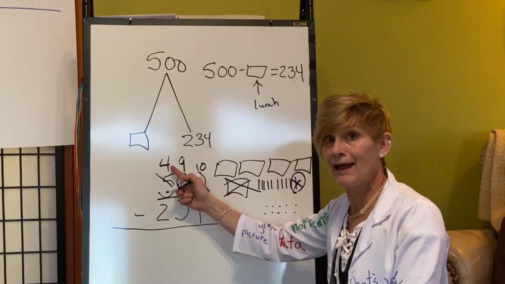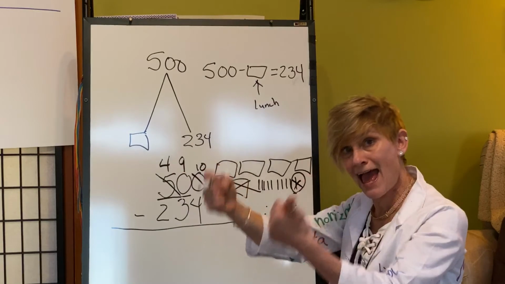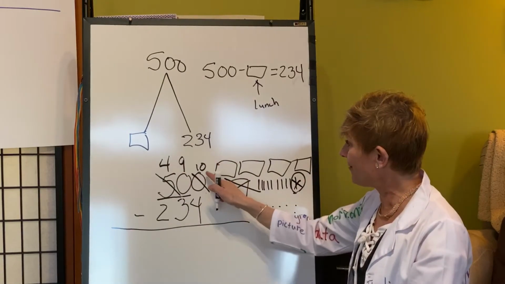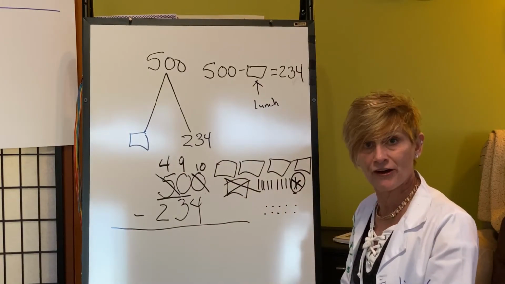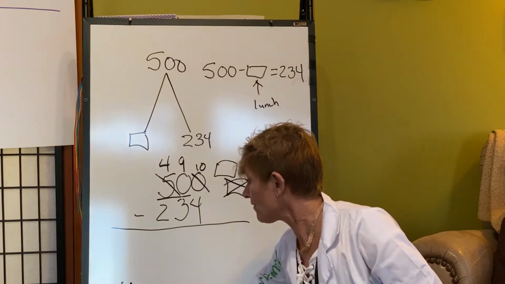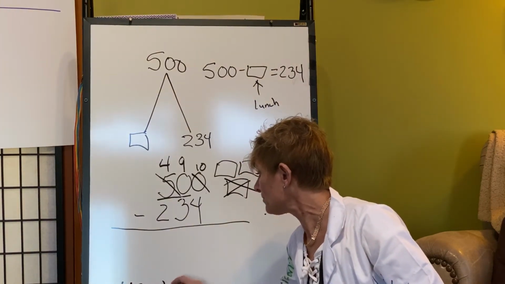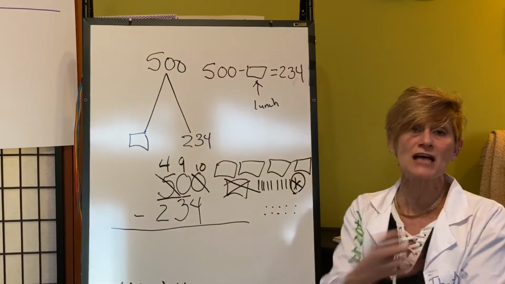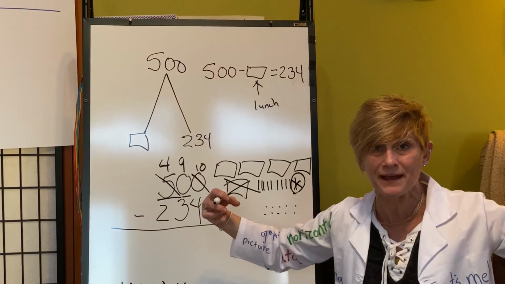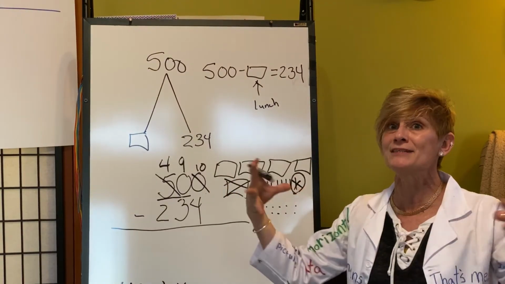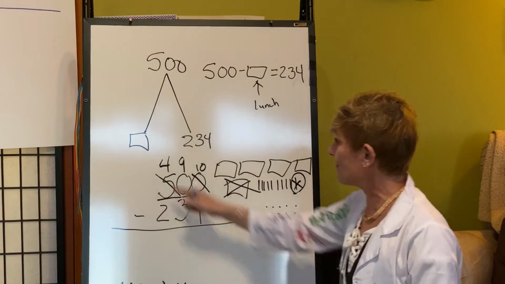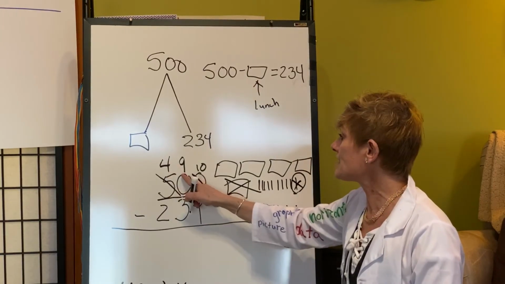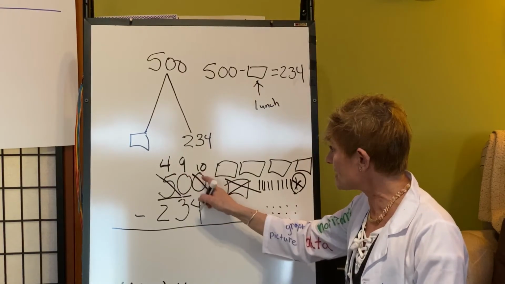Yeah, I have 49 tens. And that other 10 is just hanging out there. I have 490 plus 10. Friends, I am just ungrouping. I'm doing expanded notation. I have a 400 plus a 90 plus a 10.